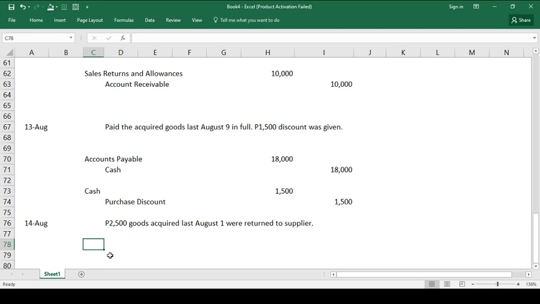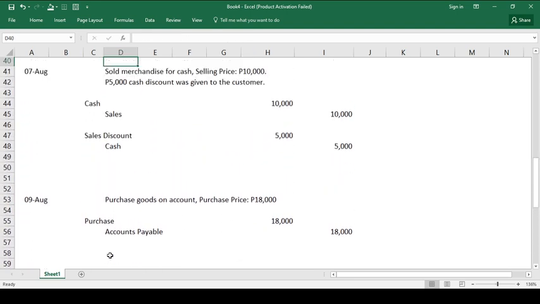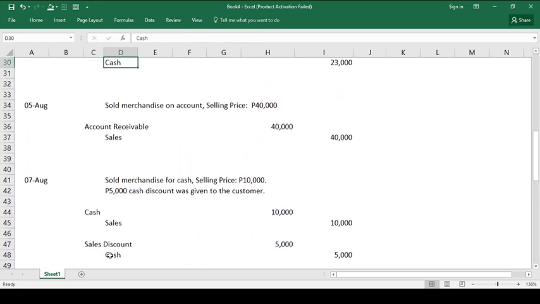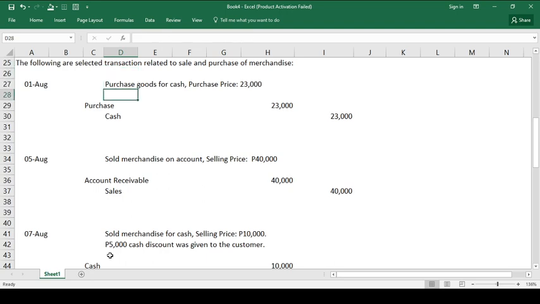So obviously, our entry would be we will debit purchase returns and allowances amounting to 2,500, kasi ibabalik po natin. And then obviously because August 1, binili po natin yung mga purchases for cash.